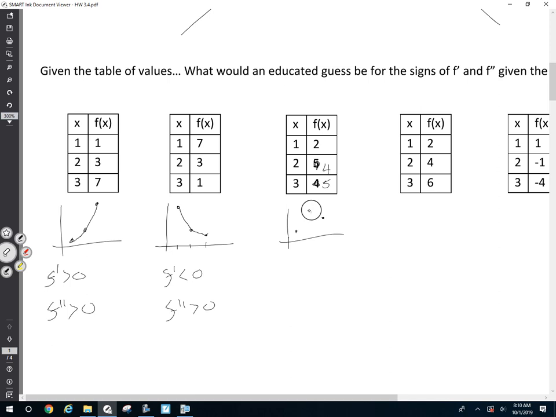Let's change it to 2, then 4, then 5. Because like we'd have to change signs. f prime is going to have to go from positives to negatives. 2, then 4, then 5 should be increasing but concave up. Increasing but concave down.